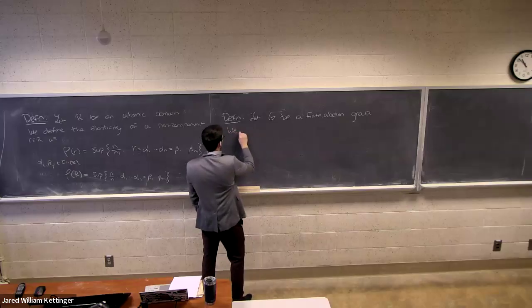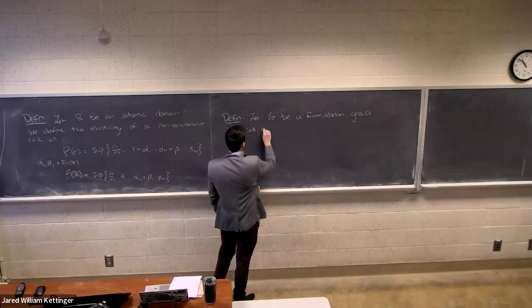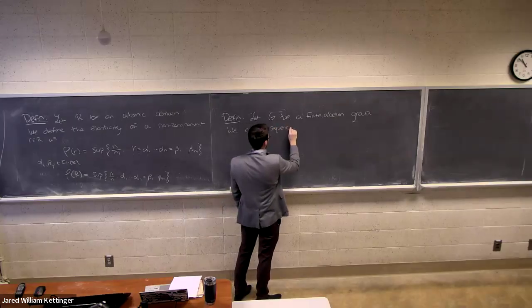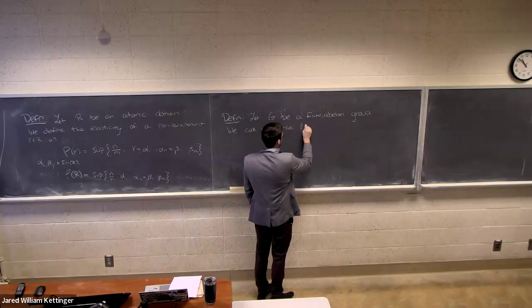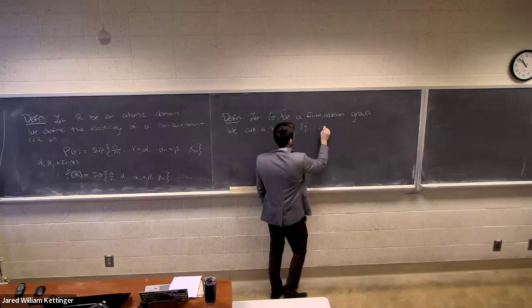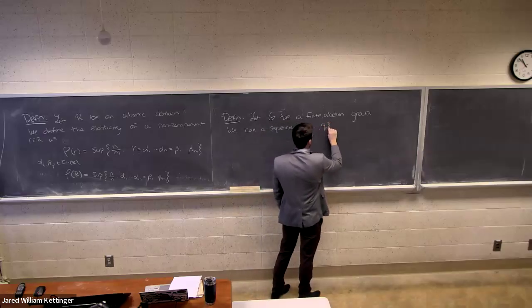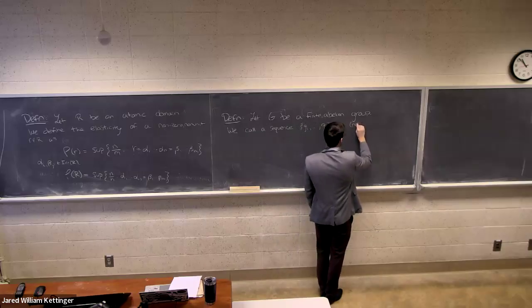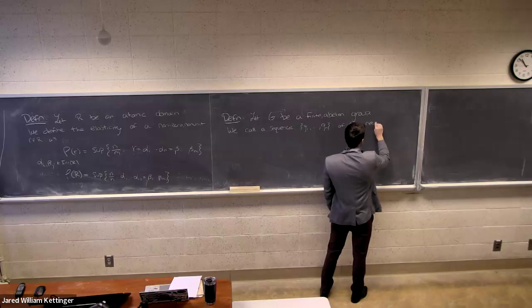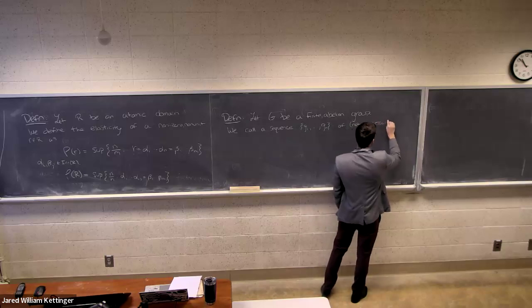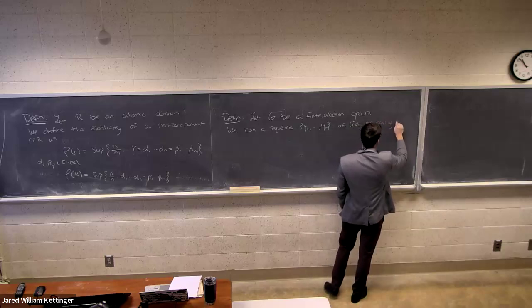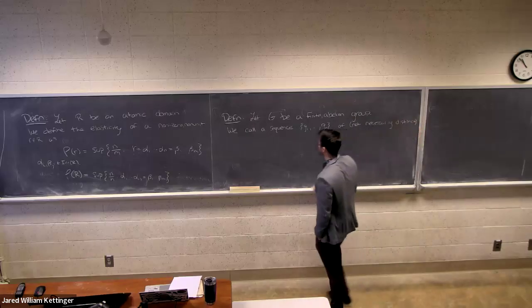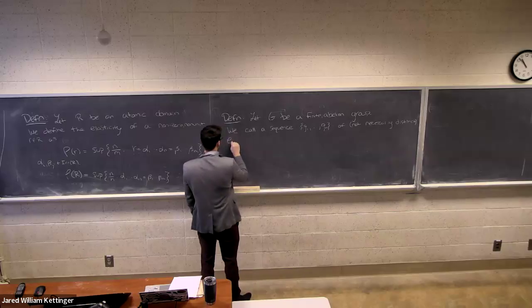We call a sequence g1, ..., gn of not necessarily distinct elements of G a G sequence.